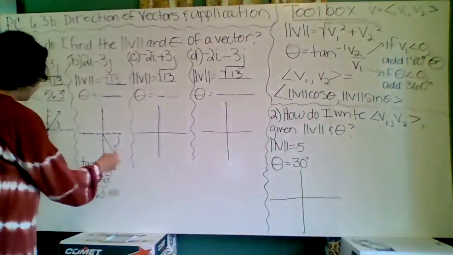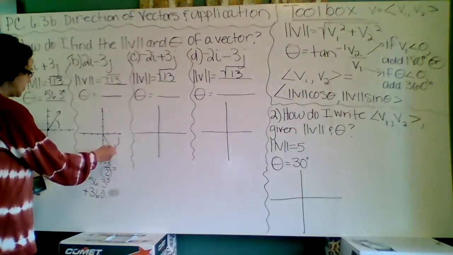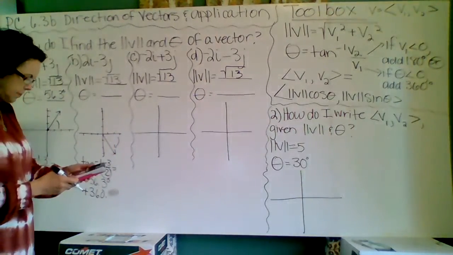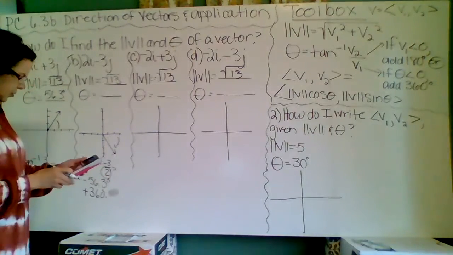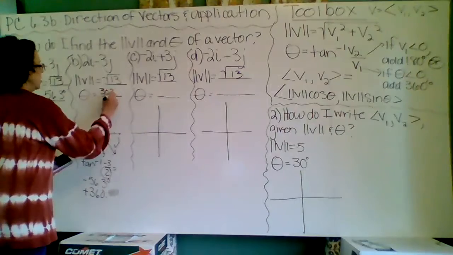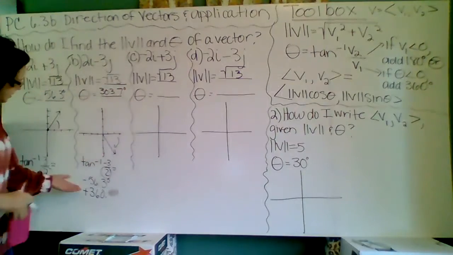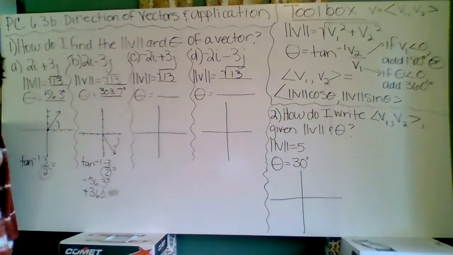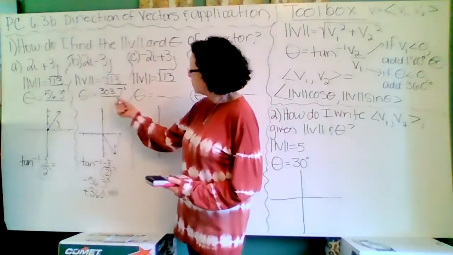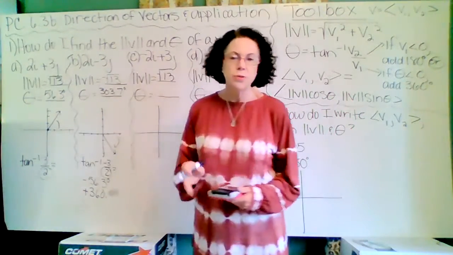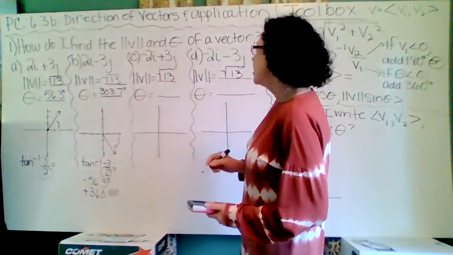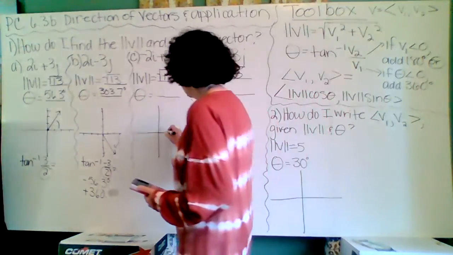Of course, if I'm at negative 56.3 degrees and I add 360, I'm going to have the same angle, and that angle we will write as 303.7. Again, this angle measure, negative 56.3, is perfectly correct, but the book and other texts use a positive angle measure. Let's look at the next vector, negative 2i plus 3j.